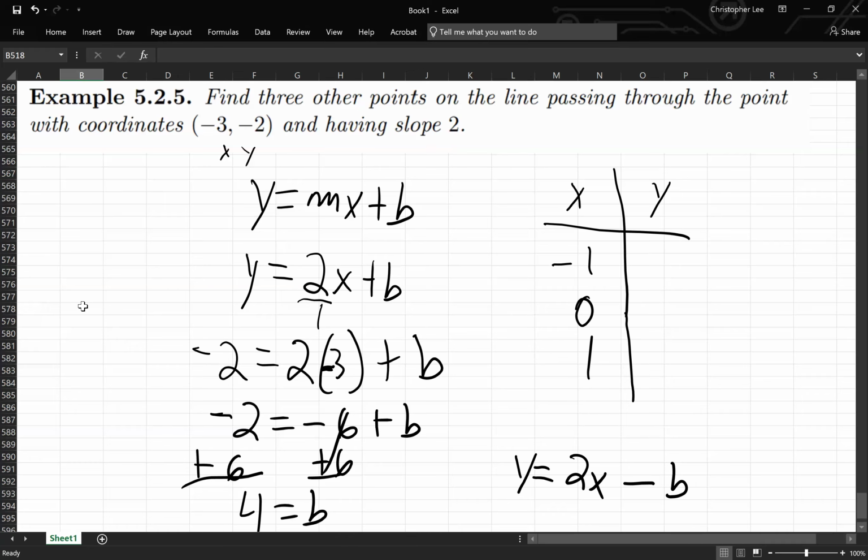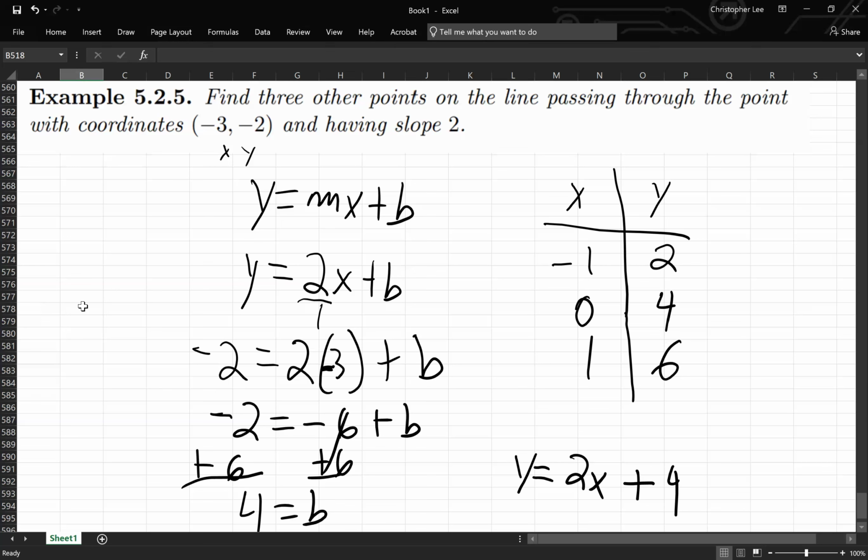Why did I say minus b, plus 4? This would be +2, +4, 6.